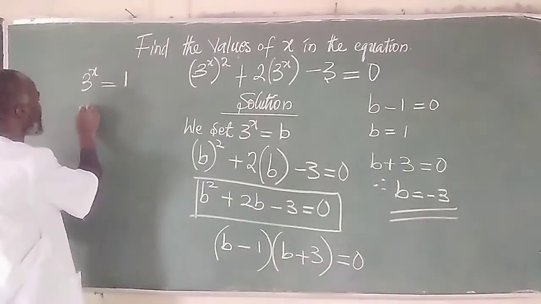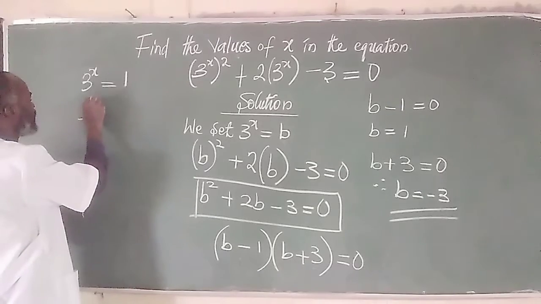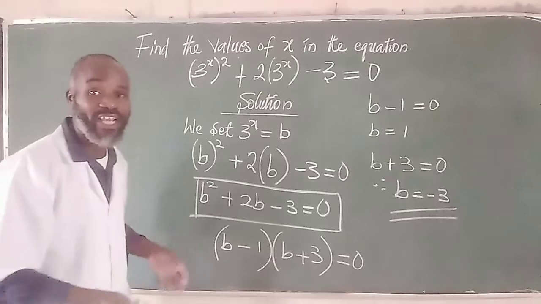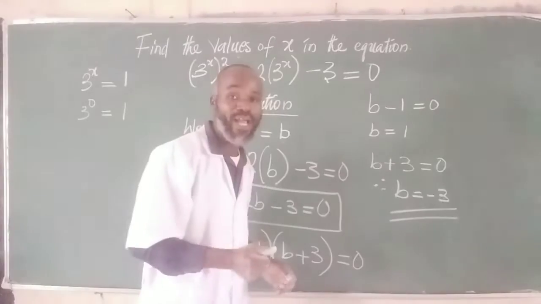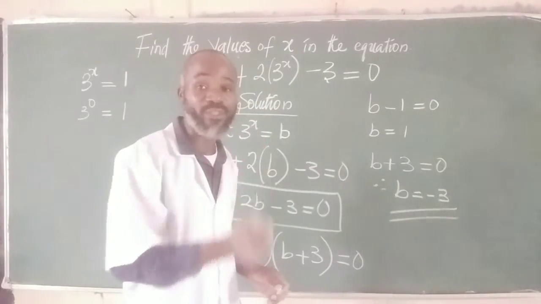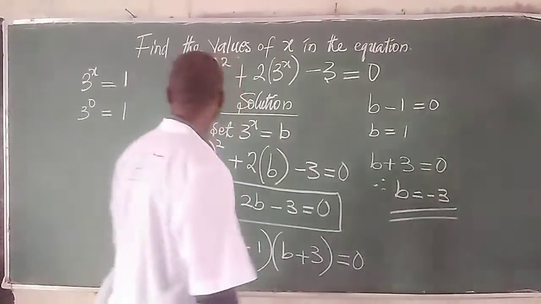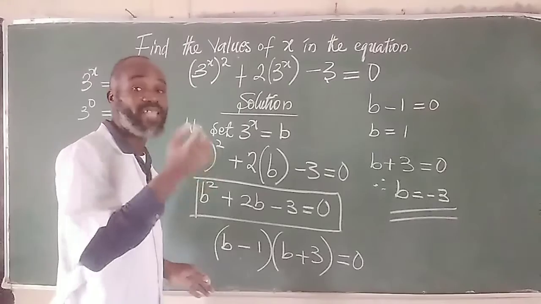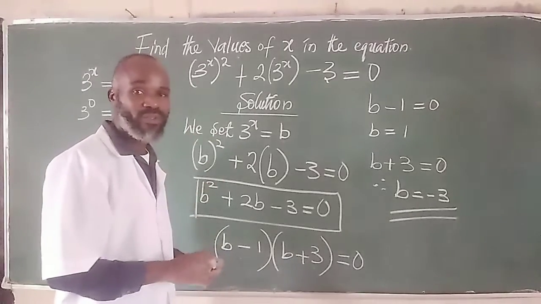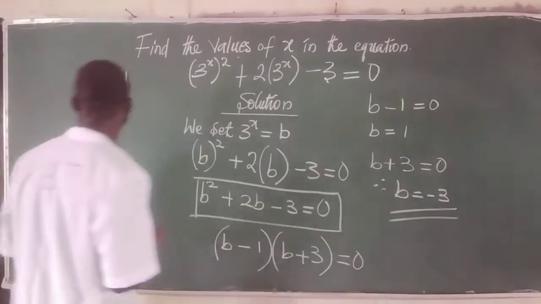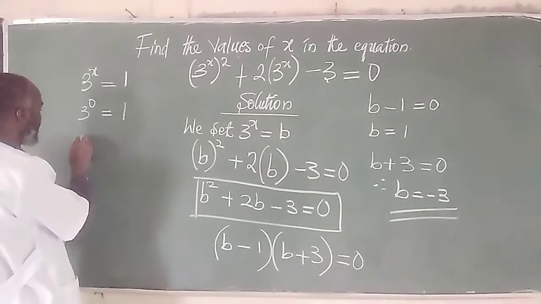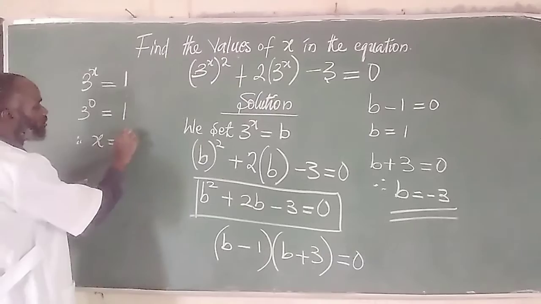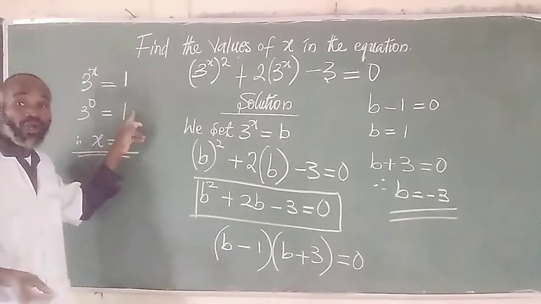According to the law of indexes, any number raised to the power 0 is 1, no matter what the number is. So the value of x here is 0, and that will give us 1.